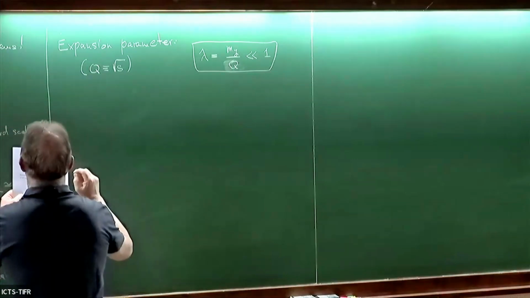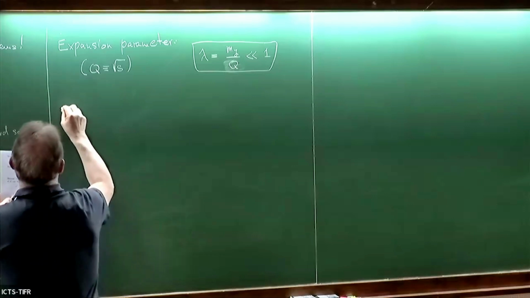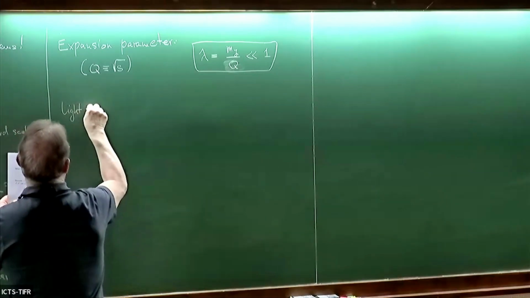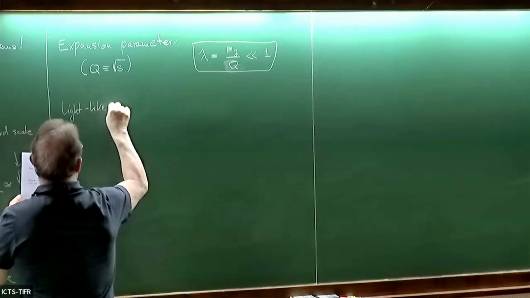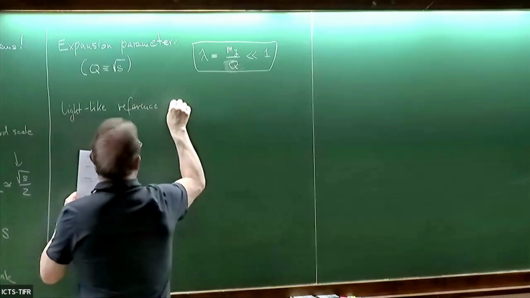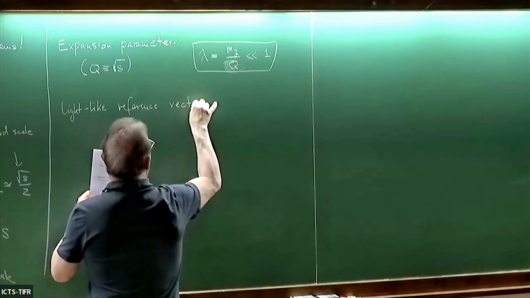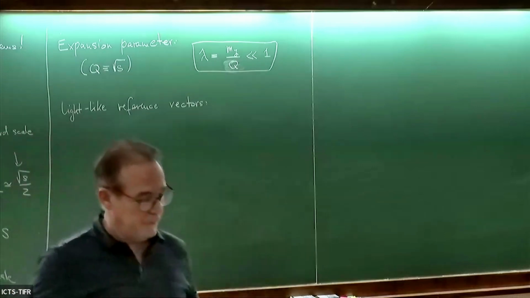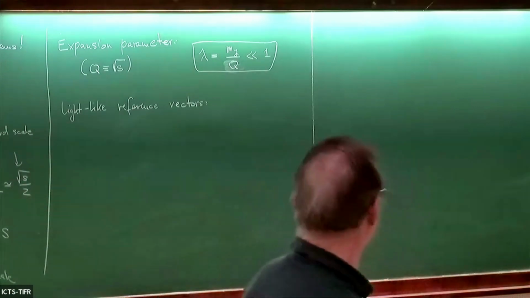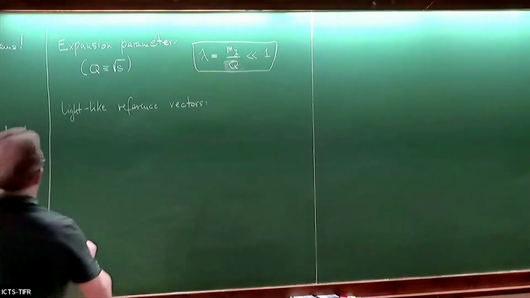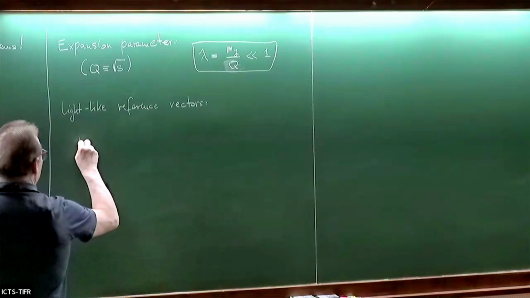To this end, we introduce two light-like reference vectors. They are analogous to my velocity vector in heavy quark effective theory, except this was not light-like, this was time-like. The light-like reference vectors are always called n.